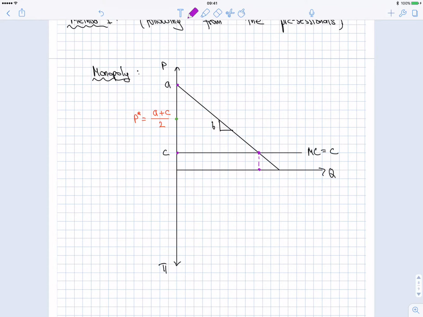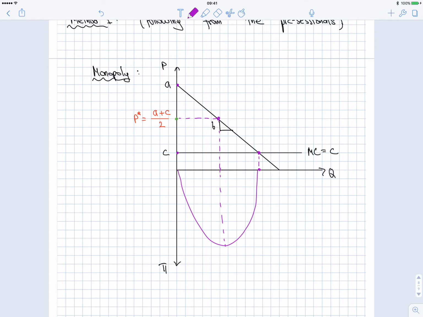So as you lower the price away from A, your profits will increase. And as you increase your price away from C, your profit will also increase. So they'll start with 0. And what you should remember is that this is going to be a symmetric function, so the optimal answer would lie right at the midpoint.